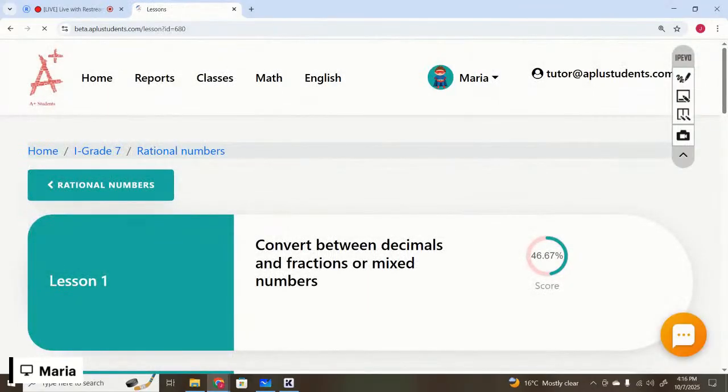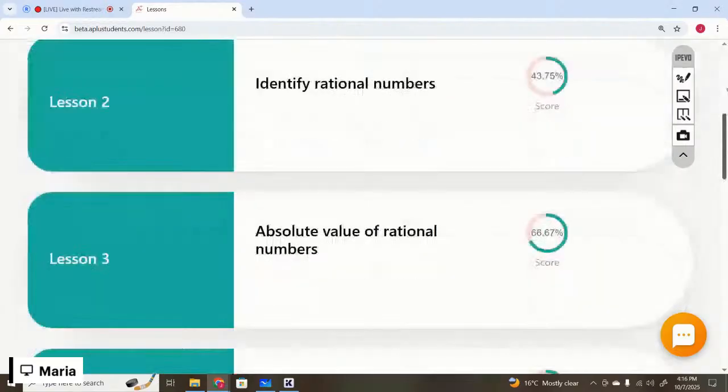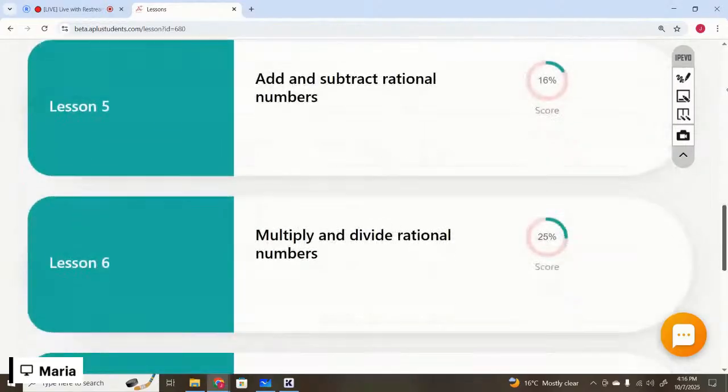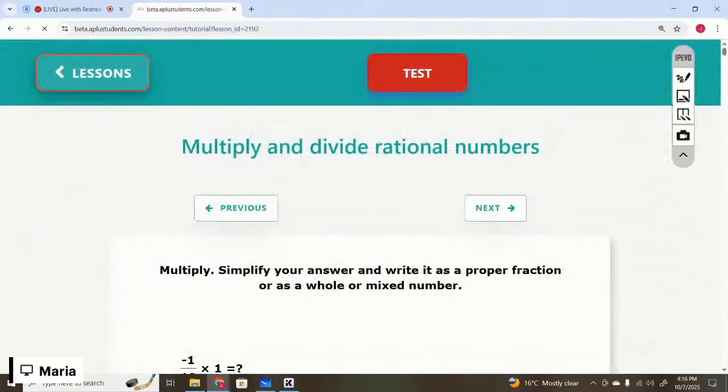The next lesson is multiply and divide rational numbers.